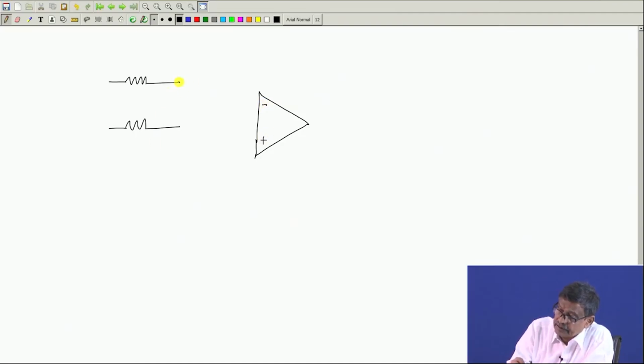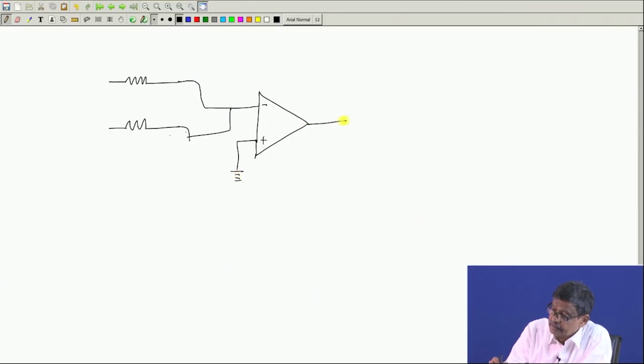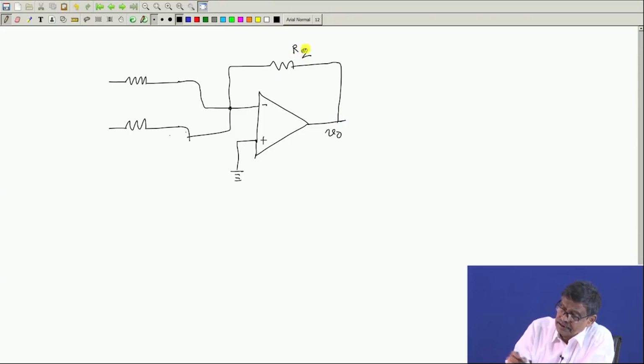Suppose you have this, and this is grounded, and this is your output pin where you give a negative feedback with a resistance, say R2, and let us say this is R1 and this is R2.